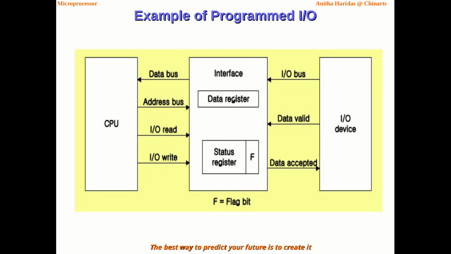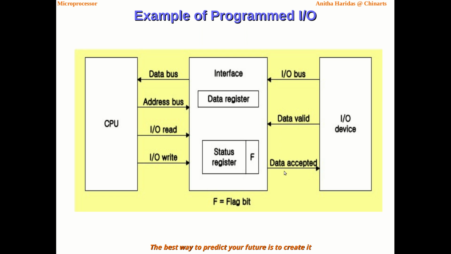So until this input operation is completed, the CPU will be checking the status register. Why? Once the data is moved to the data register, immediately the flag bit will be set by the input device. It will be sending the data valid signal because it says there is valid data available in the data register. The CPU can take that data.